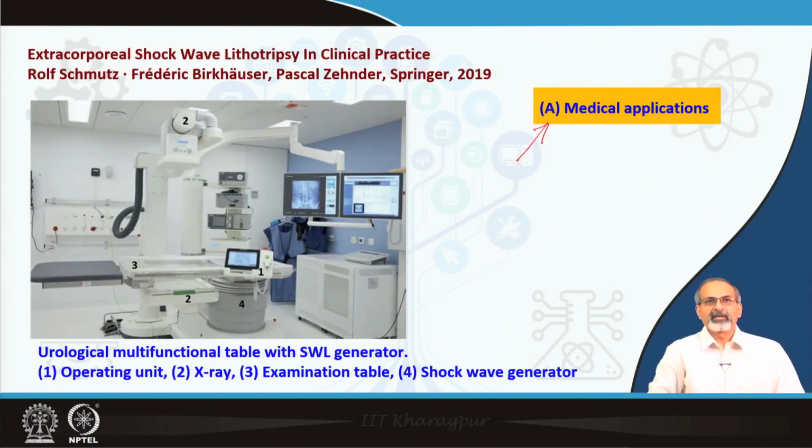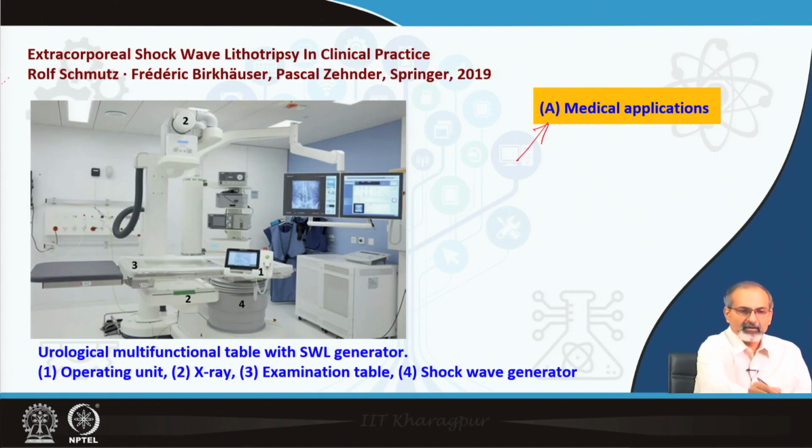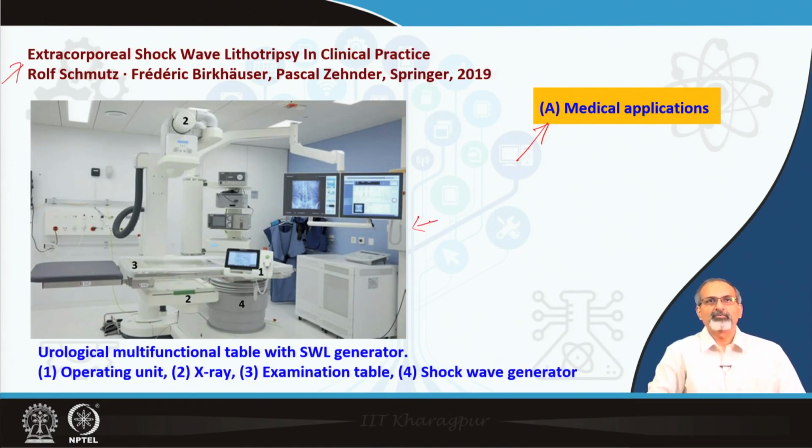Beginning with medical applications, this is the reference from which we have taken this figure: extracorporeal shock wave lithotripsy in clinical practice by Schmutz et al., published in 2019. And then what you see in this diagram is a urological multifunctional table with shockwave lithotripsy generator.